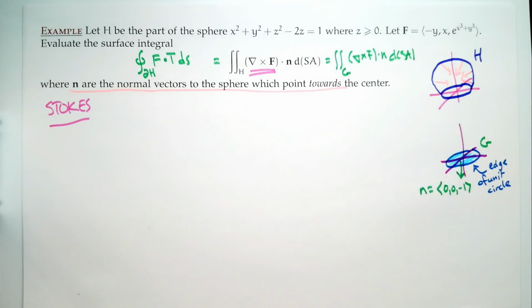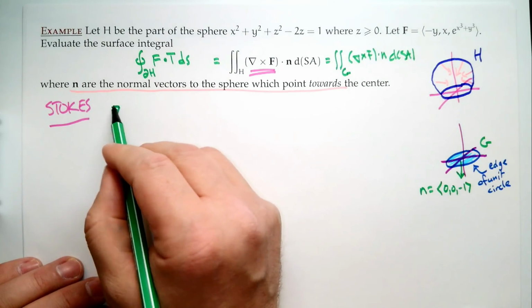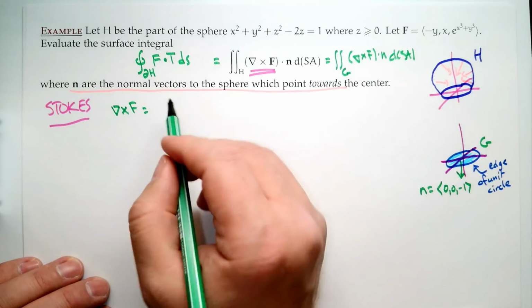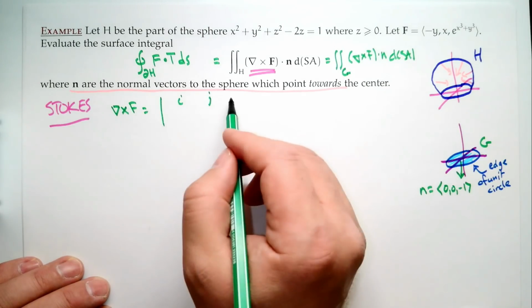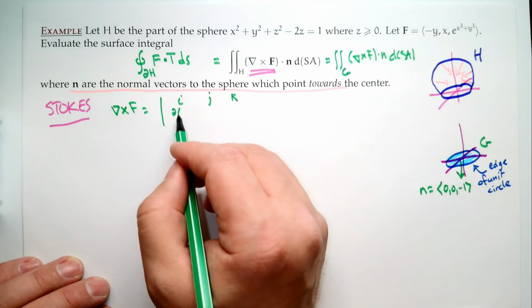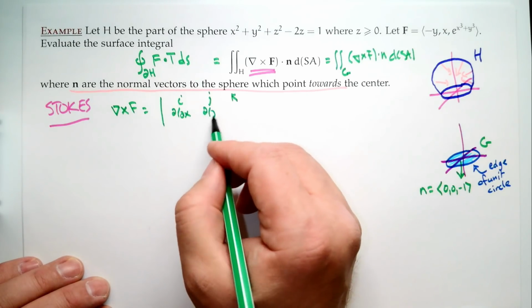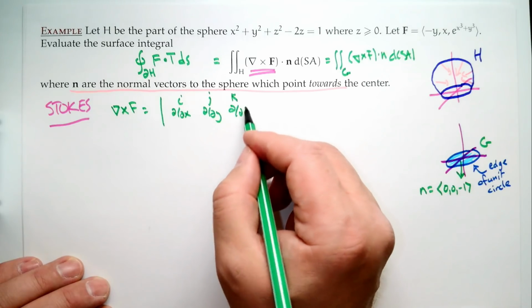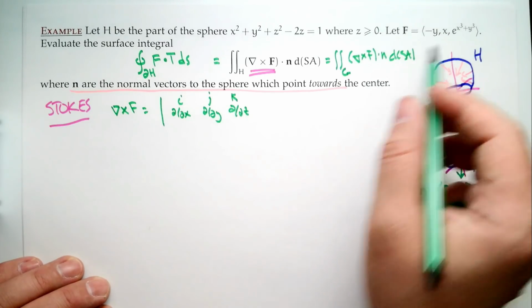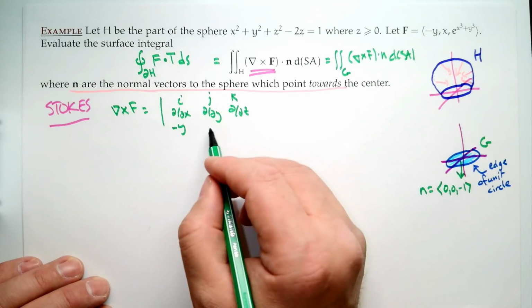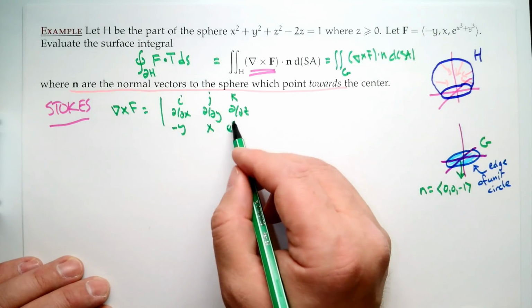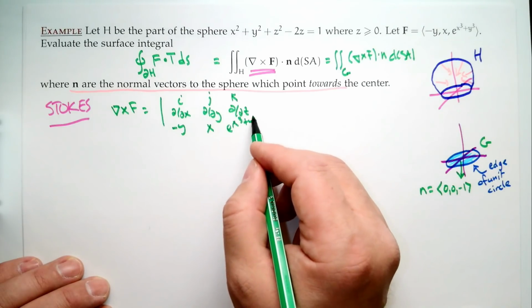Okay, so let's go ahead and carry this out. Let's see what we get. So we need to do del cross F. That's i, j, k, del, our partial derivatives, partial partial x, partial partial y, partial partial z, and then our F: minus y, x, and e to the x cubed plus y cubed.